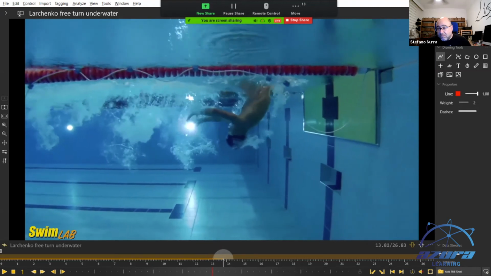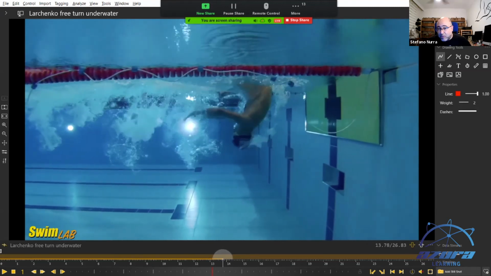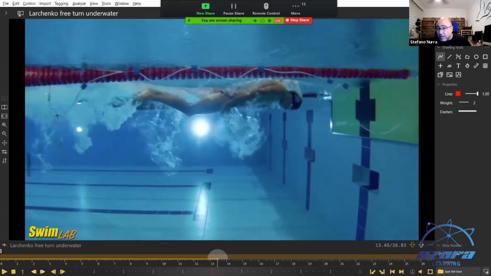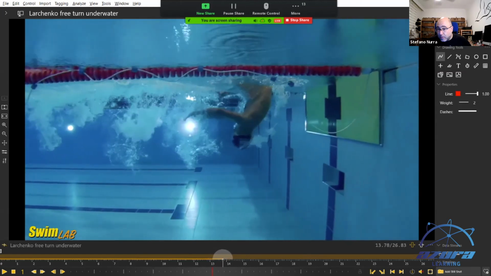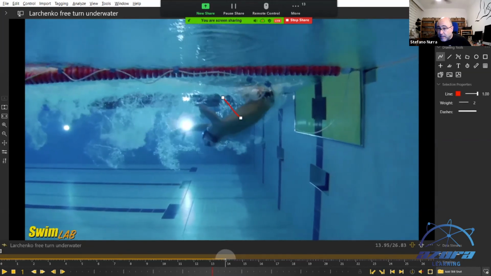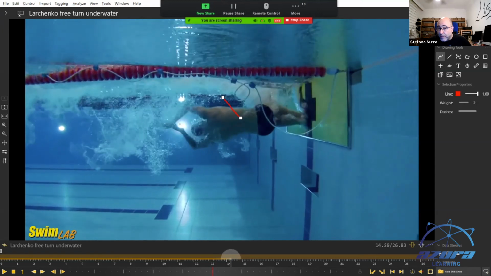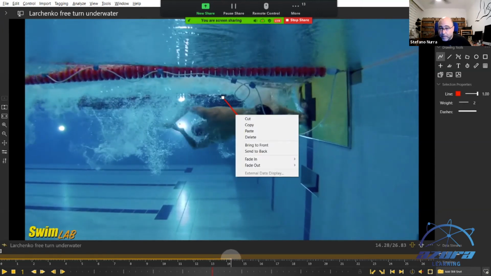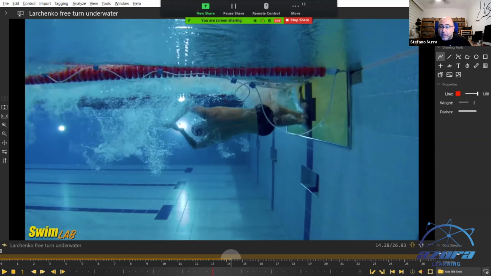Rotation, the idea isn't so bad, but he doesn't close the body too much. You can see this is the distance between knees and chest. He's touching the wall completely on the side.